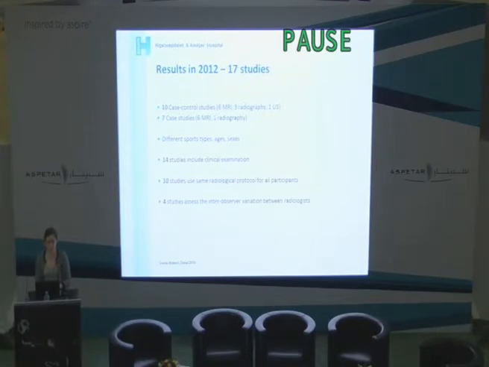They were all cross-sectional. They were quite different in terms of sports practiced by the participants, but also in terms of ages and sex of participants. 14 of these studies included an initial clinical examination, but in only 2 studies did we actually know how those patients had been examined. And only 10 studies used the same radiological protocol for all participants.